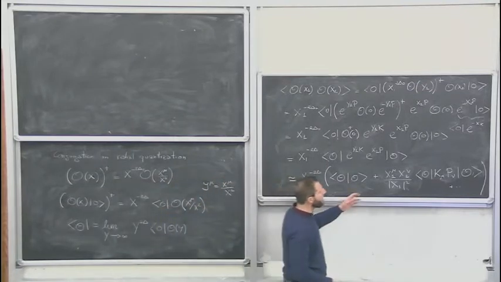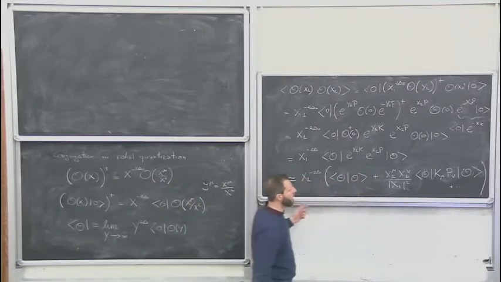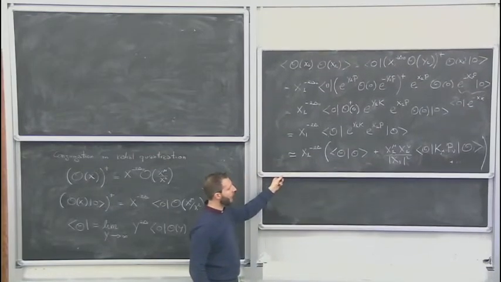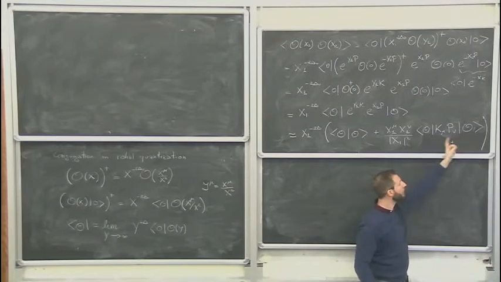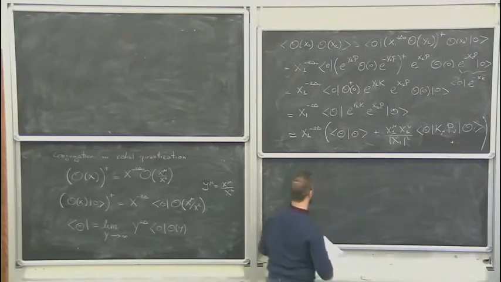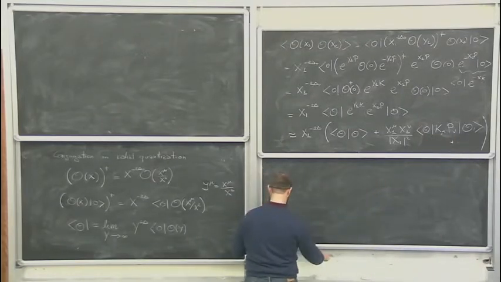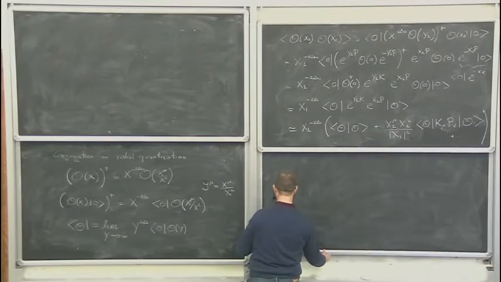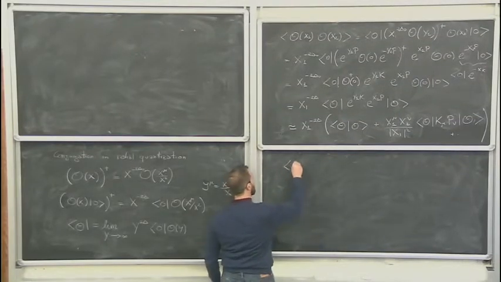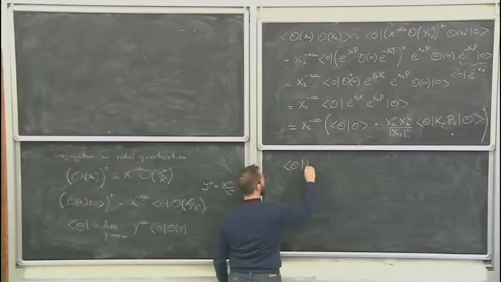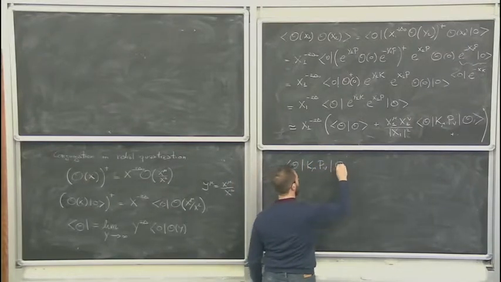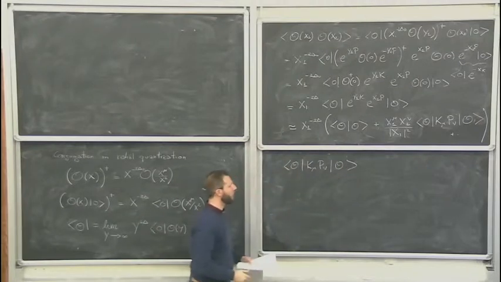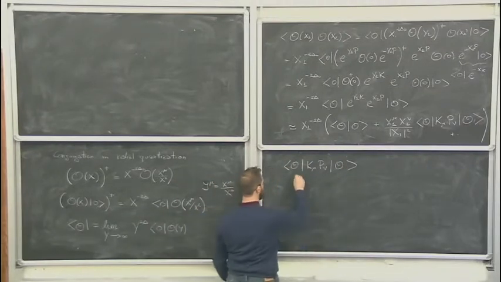And the nice thing in this expansion is that now you can use the algebra of generators to compute all this. So for instance, let's see one of them. The expectation value of k mu p nu between the two, the operator O, and let's assume that O is a scalar, just for simplicity.